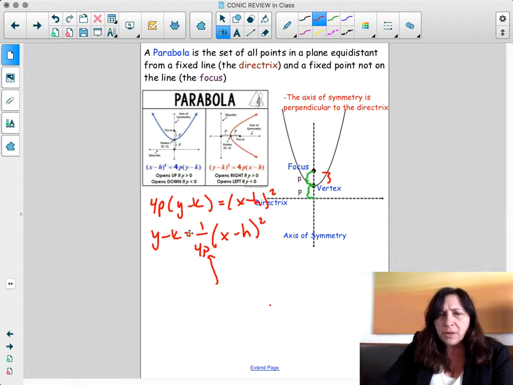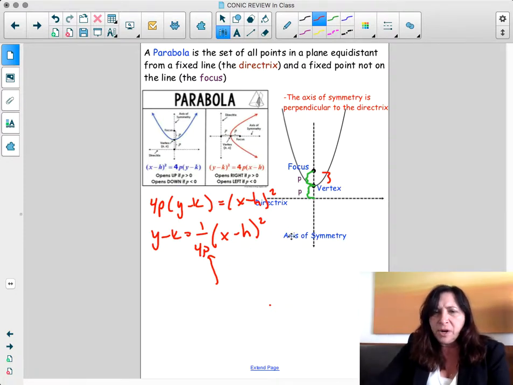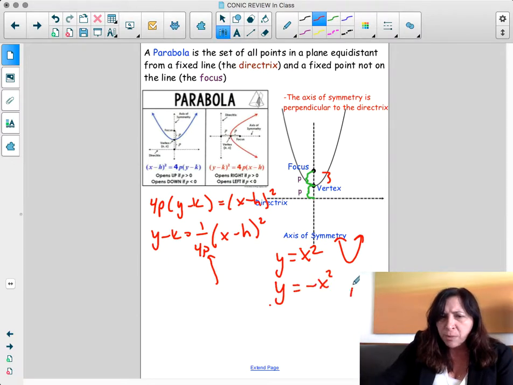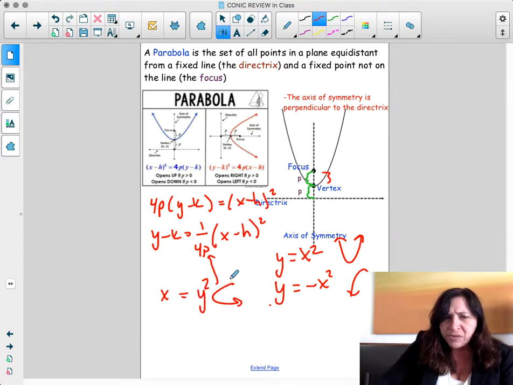You also need to understand that there's 4 different ways you can set up your equation. You can set it up like this, y equals x squared, which means my parabola will look something like that. You can set it up like this, where it's y equals negative x squared, where my parabola will be upside down like that. You can set it up as x equals y squared, where my parabola will be sideways.